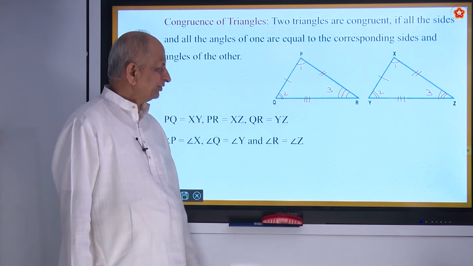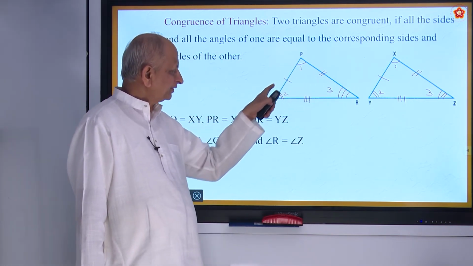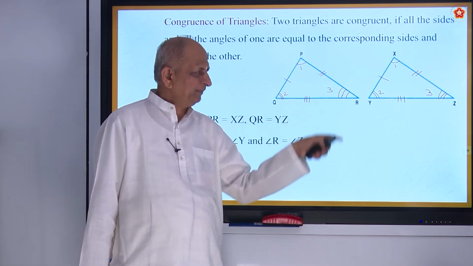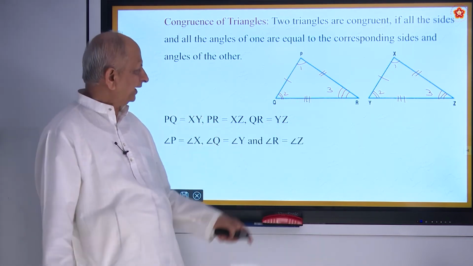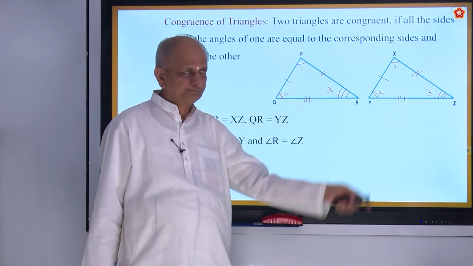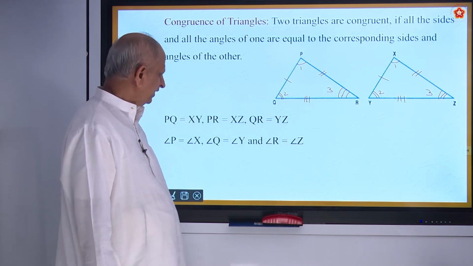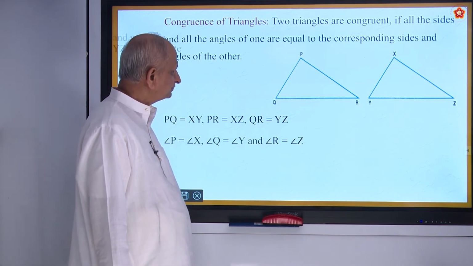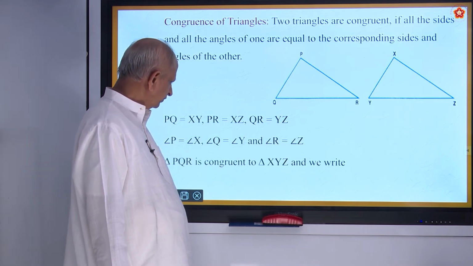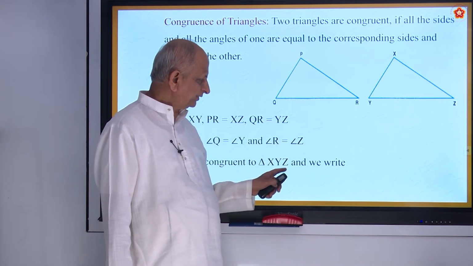Here these two are called congruent because the shapes are same, the sizes are same, and the angles are also same. Then we say they are congruent triangles. So triangle PQR is congruent to triangle XYZ.